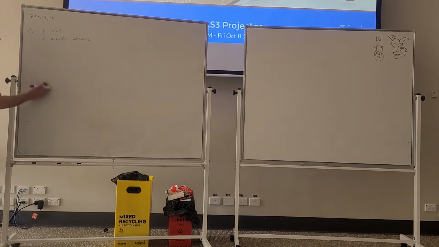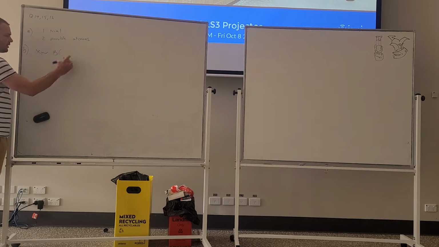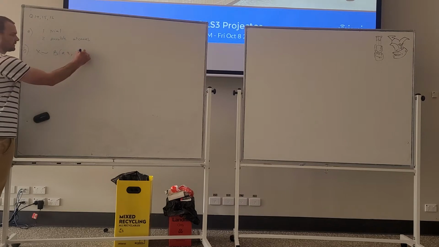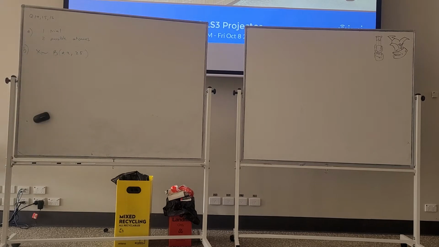Okay, so 2 ways we can do this. Let's just talk about the distribution of X first. It's binomial. The probability of success is 0.2, and there are 25 trials. You're doing it 25 times. Now this question's here saying exactly 5 outcomes, so that's the probability that this variable is 5. So 2 ways we can do that.